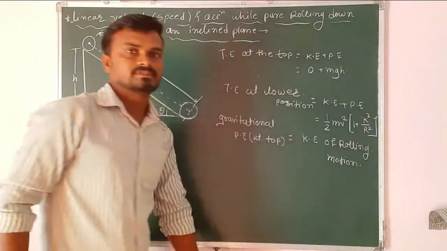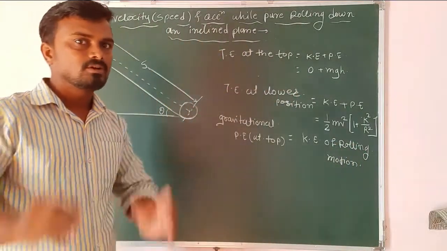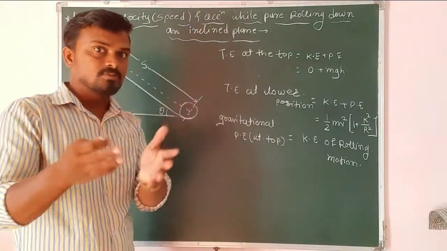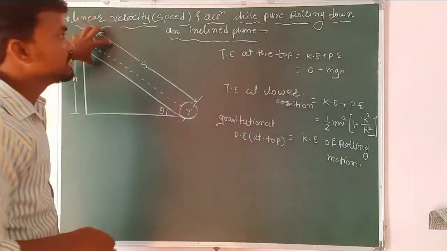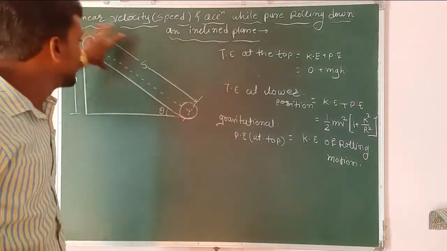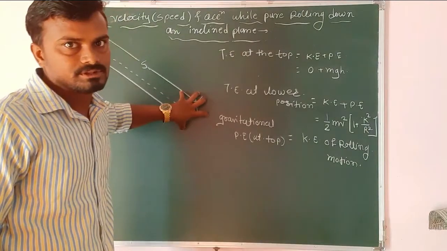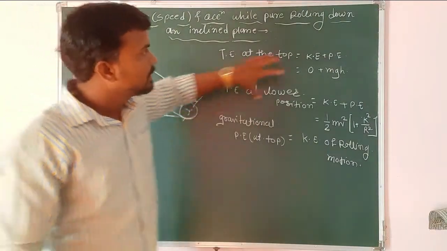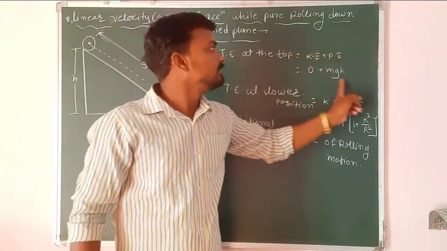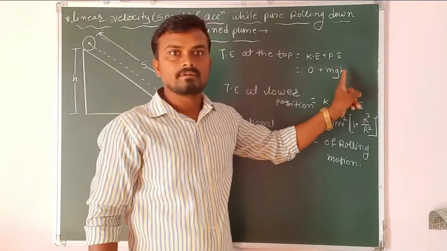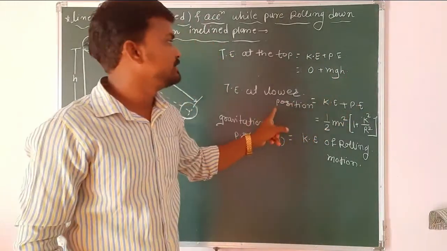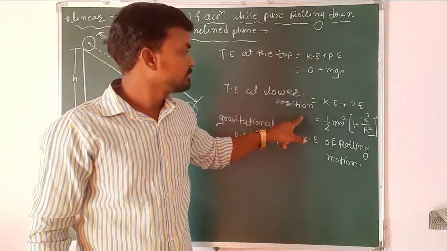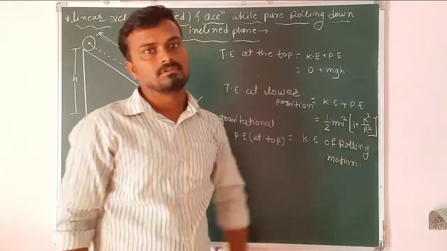How does this equation become? By the law of conservation of energy, we can write kinetic energy at the topmost position is equal to kinetic energy at the lowest position. But energy at the topmost position is only gravitational potential energy, and energy at the lower position is only kinetic energy of rolling motion.